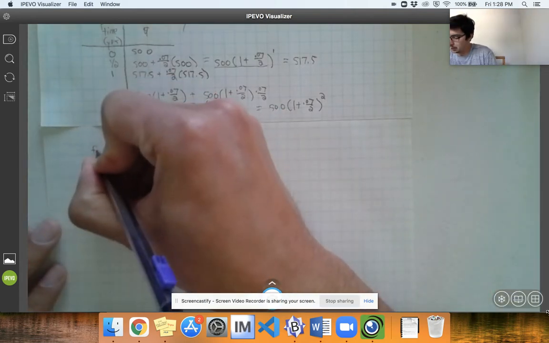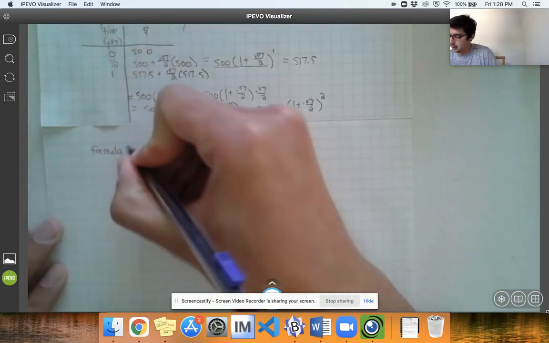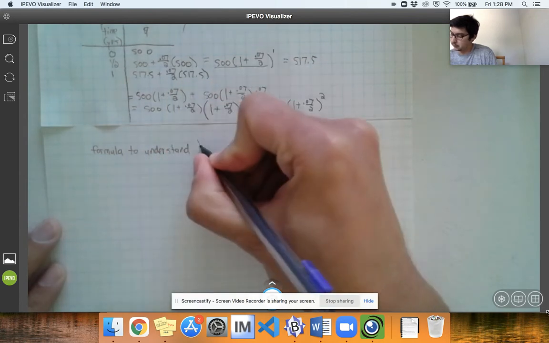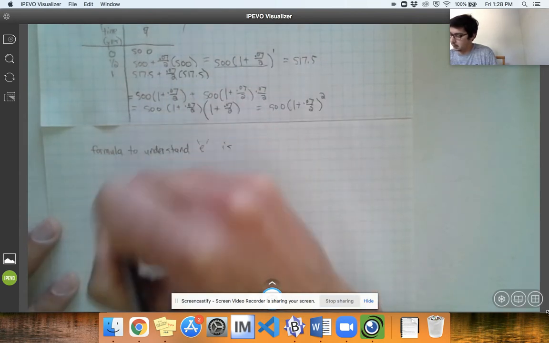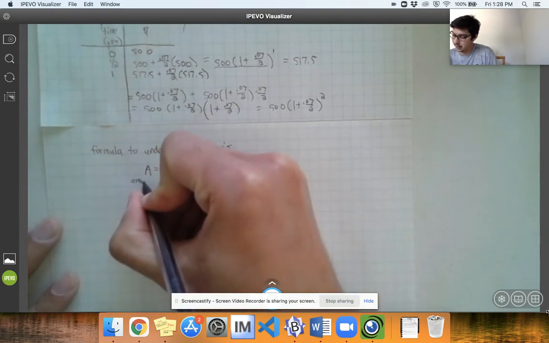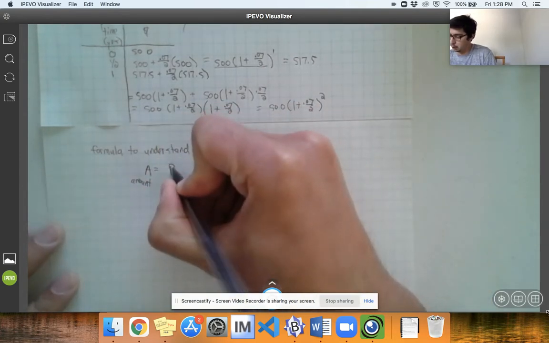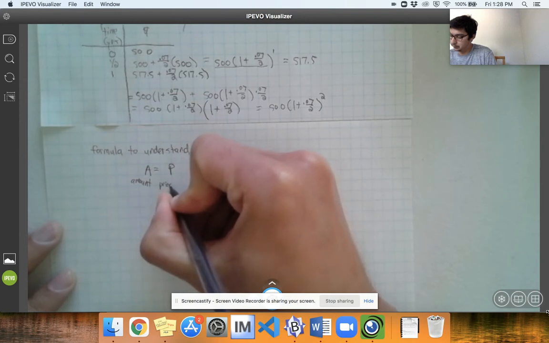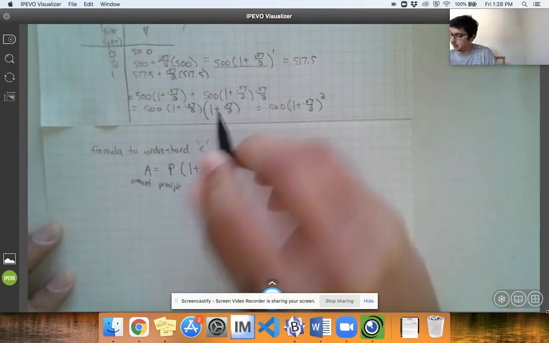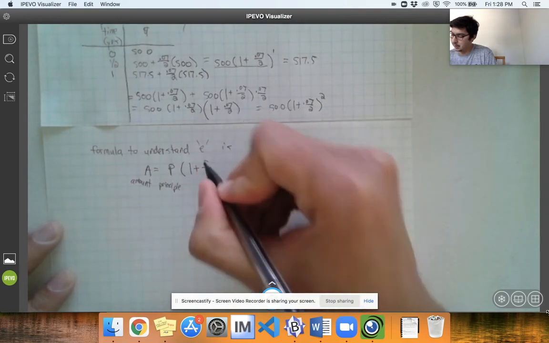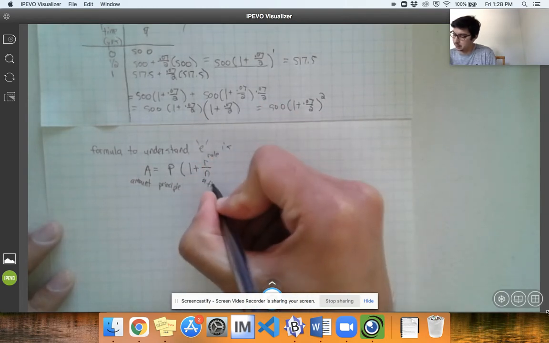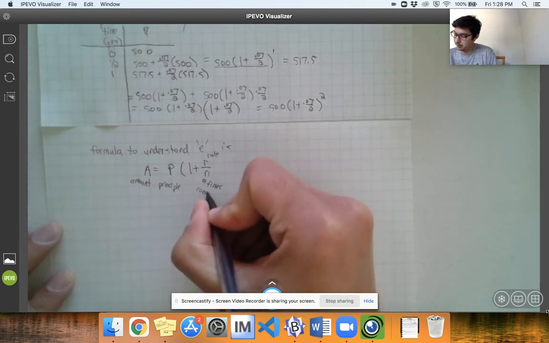So the formula we're going to use to understand e is this: the amount of investment is going to equal your principal times 1 plus the rate, divided by n. So r is your rate, n is the number of times compounded per year.